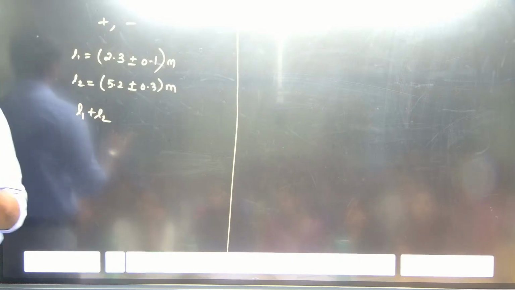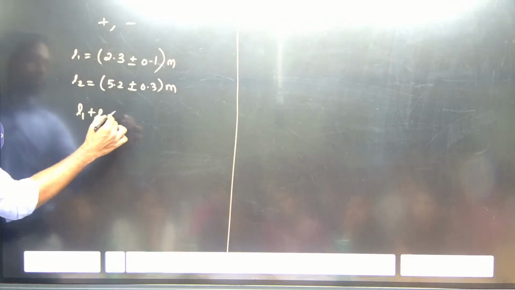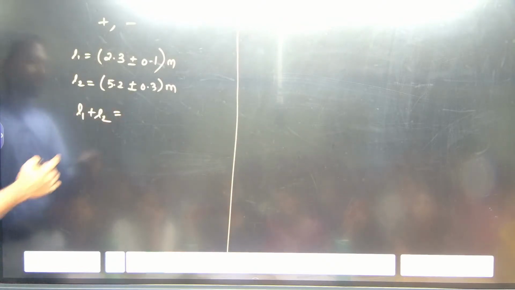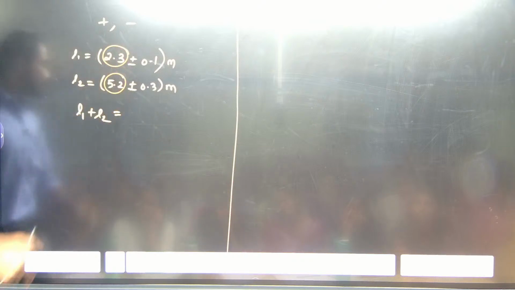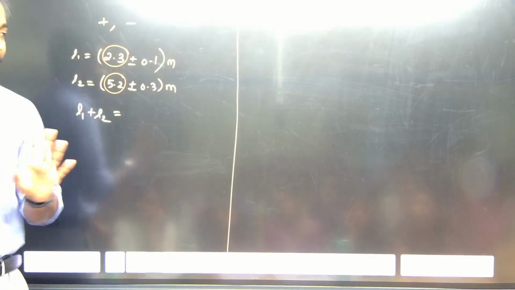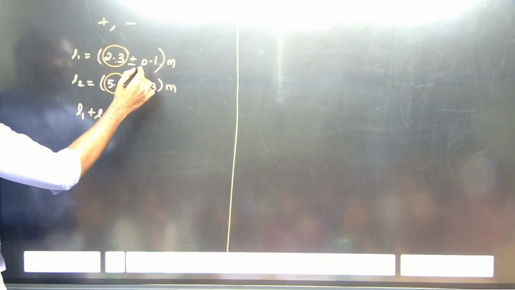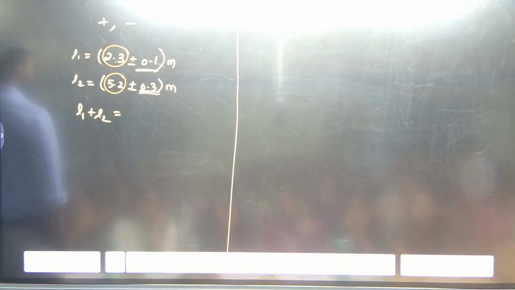Sum means plus, difference means minus. I need to add these two. Whenever they are giving addition or subtraction, I need to add or subtract the values, but when we talk about errors, we should always add them. Getting the point?